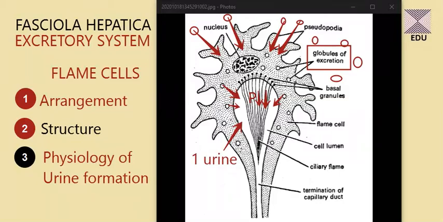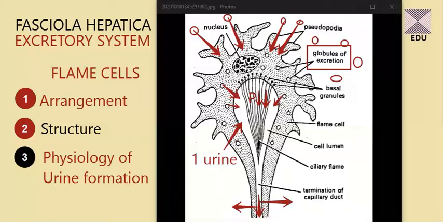This process happens at the level of the capillary duct. So if something is important, it is taken back into the body, and the final urine which is present in the capillary after the reabsorption goes out of this flame cell. So there are two processes going on in the Fasciola hepatica for urine formation.